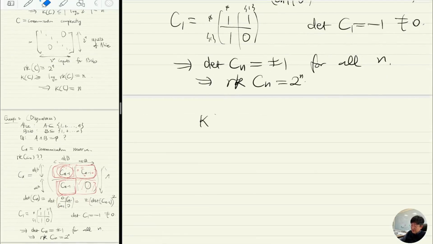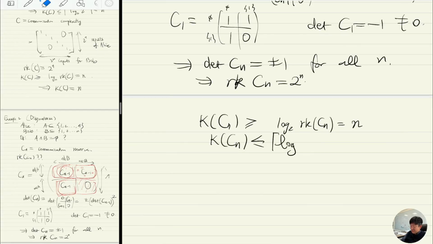So kappa of Cn is at least log 2 of the rank of Cn, and that is n. So kappa is at least n. But also by the trivial protocol, kappa is at most log of 2 to the n. So that's n. So the communication complexity of this problem is precisely n.